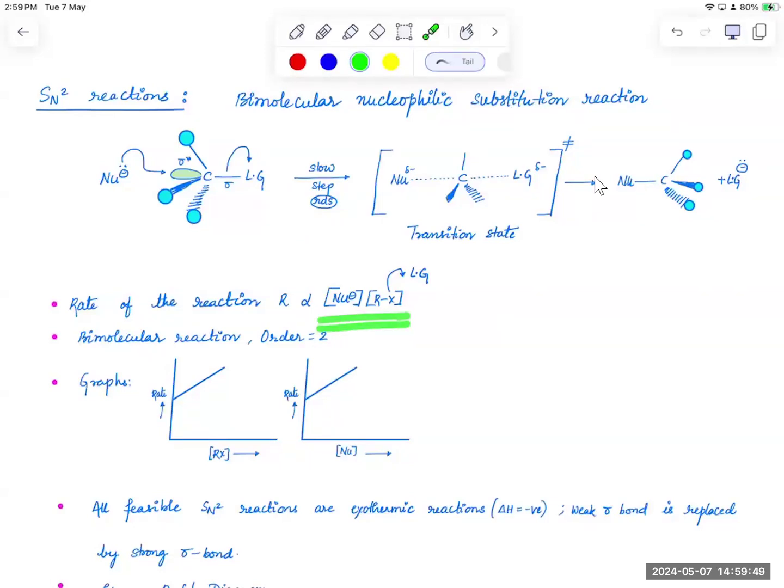By the rate law expression, R equals k times nucleophile concentration times substrate concentration, with power 1 and power 1, which makes it order 2. Rate increases if I increase the nucleophile concentration as well as the substrate concentration.